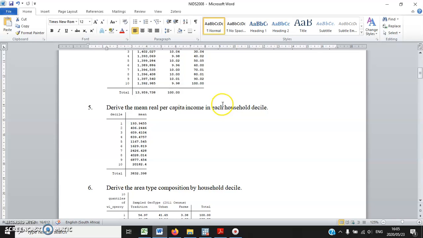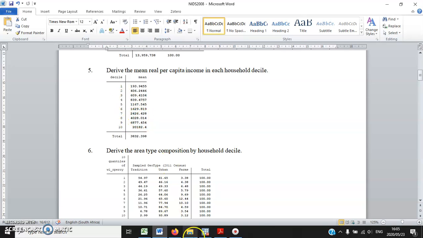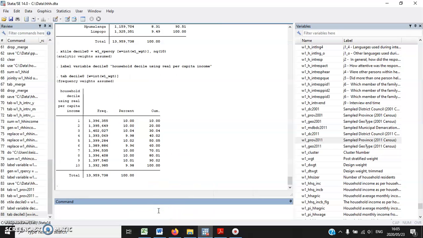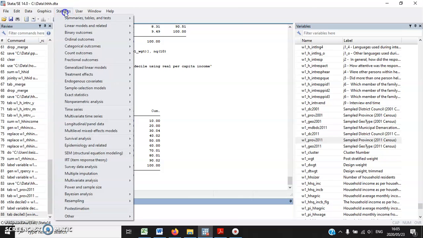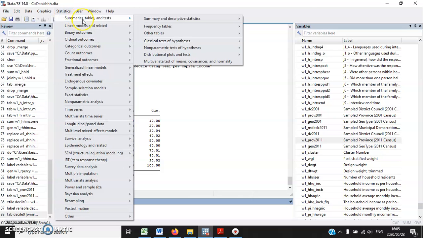Okay. Question 5. This is a simple descriptive stats question. Derive the mean real per capita income in each household decile. Definitely this mean would increase as we move across to the richer deciles. So do you still remember how to do the descriptive statistics? Stats. First option, third option, first option.